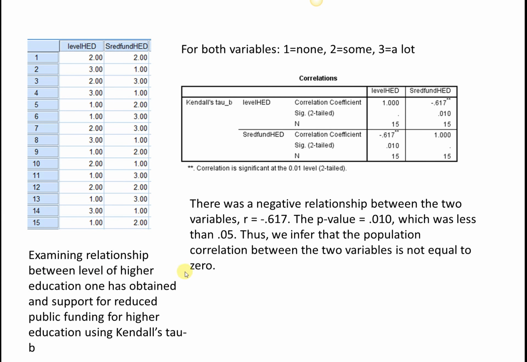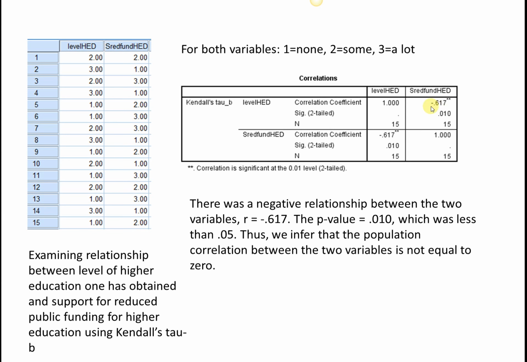Here's just another example. This is generating a relationship between level of higher education and support for reduced funding of higher education. In this case, I'm treating these two variables as being ordinal, and I generated the relationship between them using Kendall's tau-b.